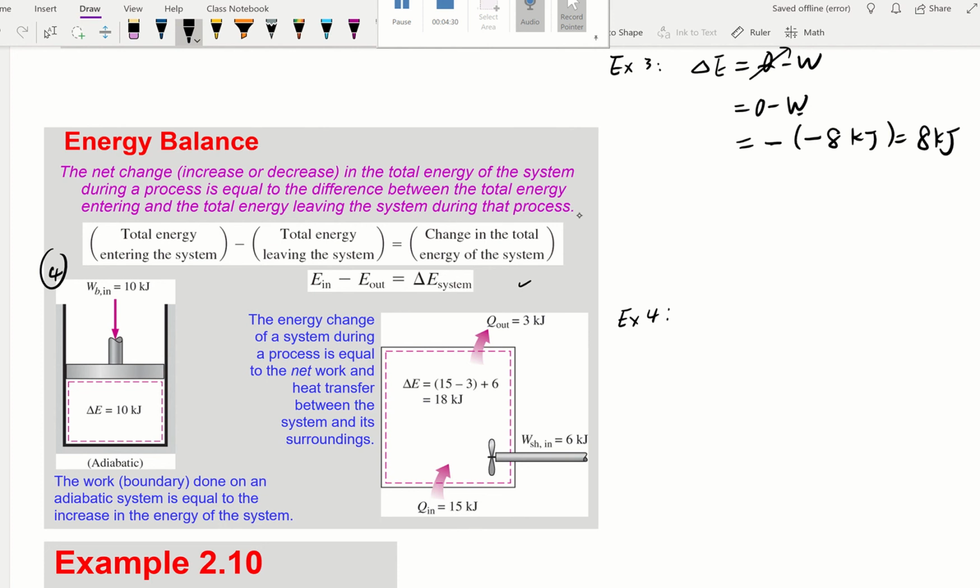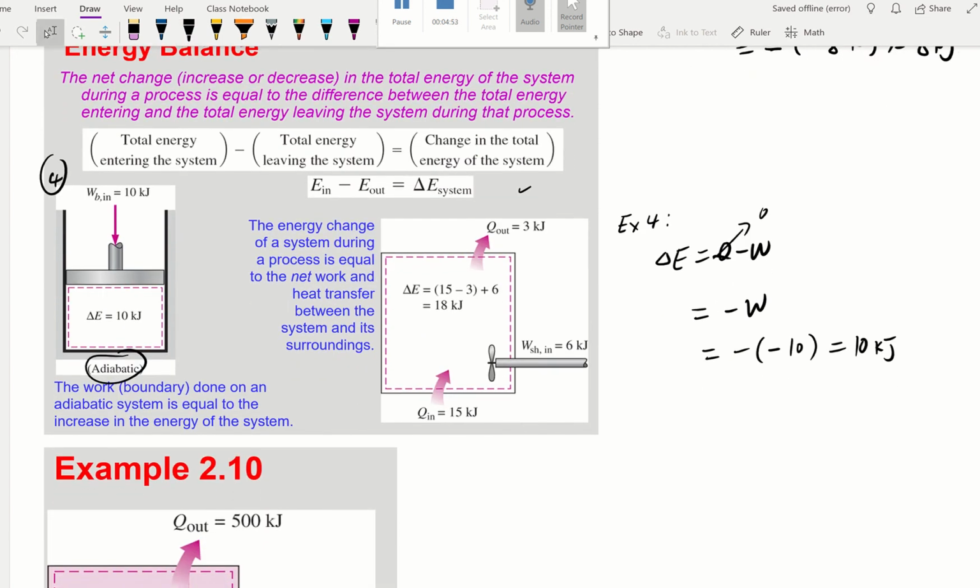We start with delta E equal to Q minus W. Again, this is adiabatic, so Q is equal to 0. So it's going to be negative W. And this is work done to the system, so it's a negative value, negative 10. So we have an increase of energy of 10 kilojoule.